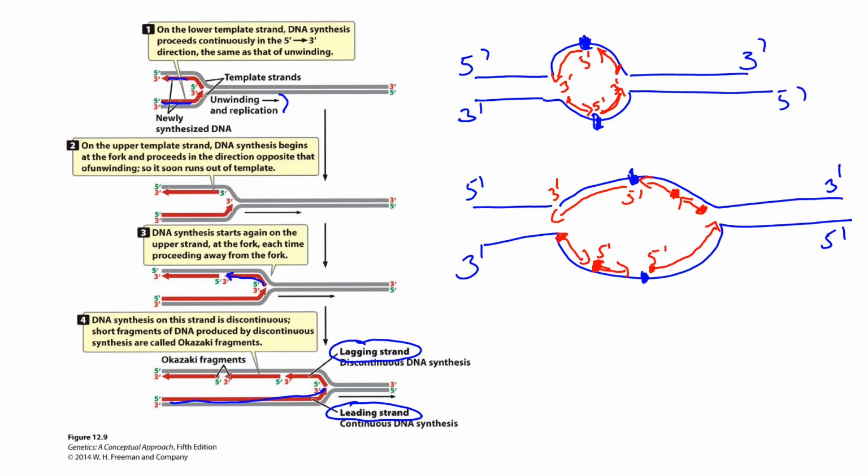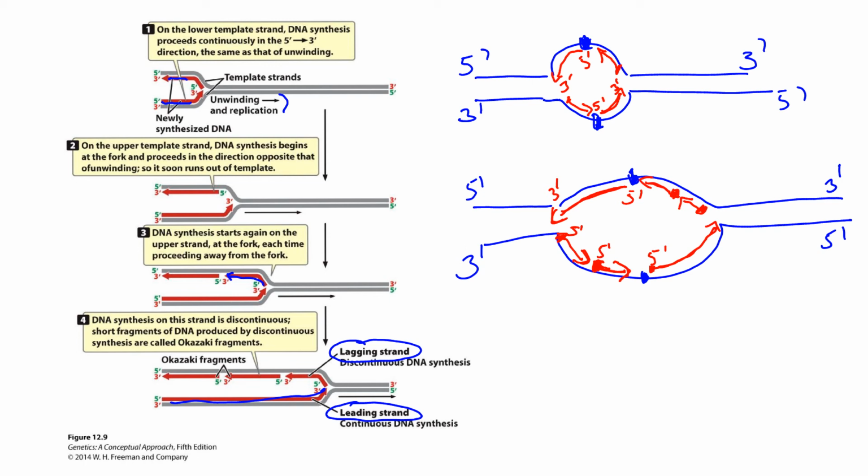That each template, bottom and top one, contains leading strands and lagging strands. The same applies for the second one. You have the leading strand and here is the lagging strand. So it is not that one template gives rise to the leading strand and another template, the second strand of DNA, gives rise to the lagging strand, since the two DNA molecules are anti-parallel.